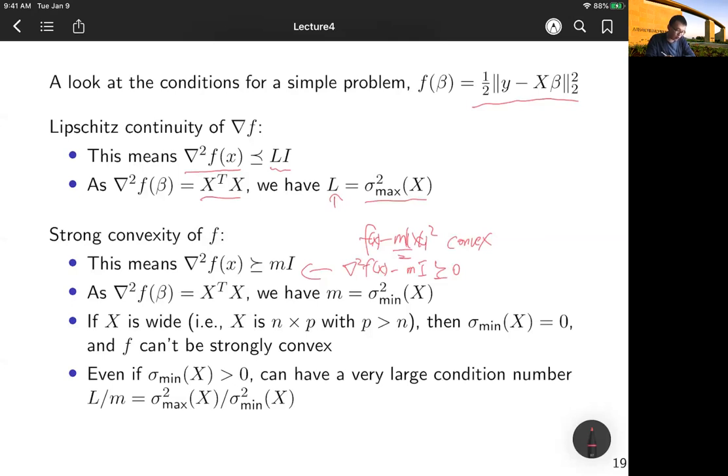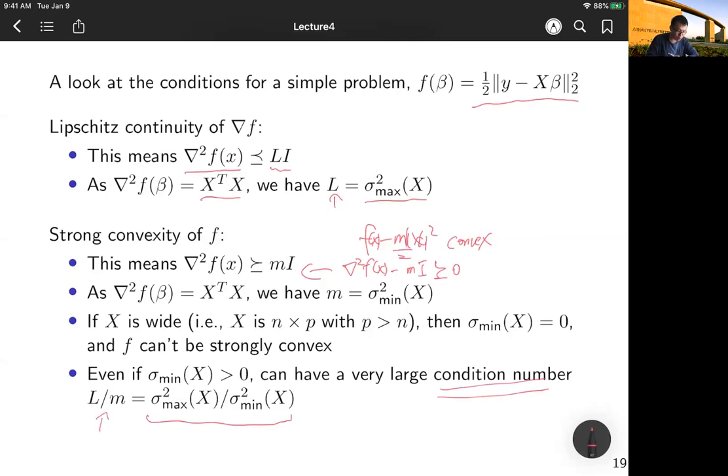Even when the smallest singular value of X is larger than 0, we could potentially have a large condition number, which says that L over m can be relatively large. This might be the context where people heard of the term condition number. Its natural generalization in convex optimization problems is simply L over m.